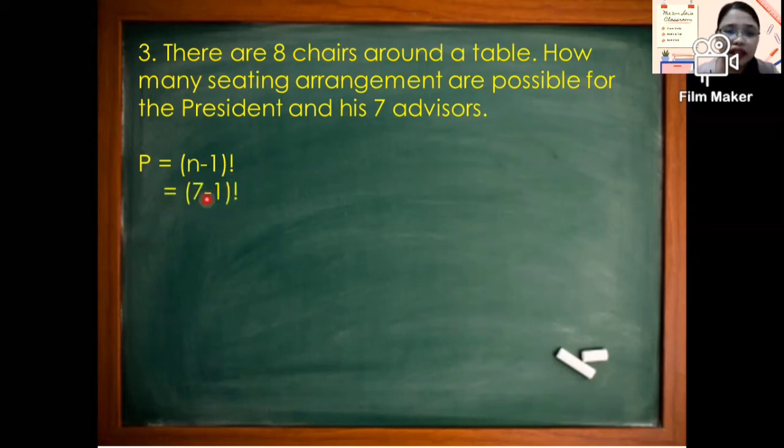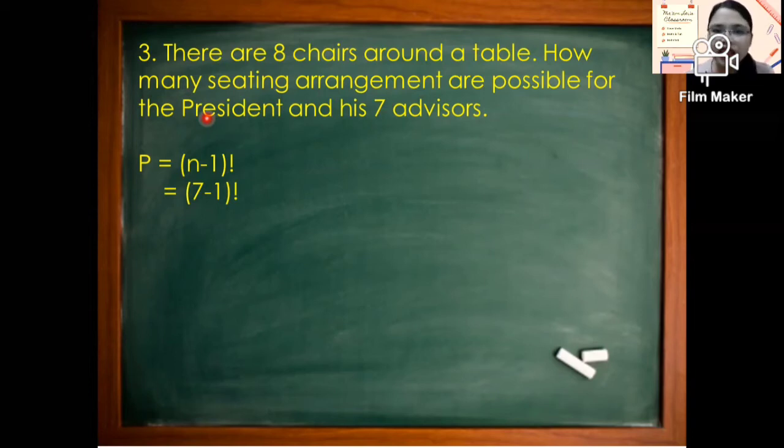So, ganyan ang mangyayari. Kaya lang, sabi, bakit meron daw 8 chairs? Yung president tsaka yung kanyang 7 na advisors. Bakit ang nangyari sa value of n is only 7? Dahil po, ang president ay merong designated na space palagi, kaya si president ay hindi lilipat ng upuan.